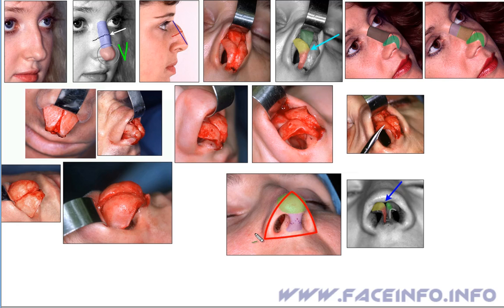The red triangle shows the base of the nose and the holes are nostrils. The shape of the nose greatly depends on the size and shape of the greater nasal cartilages.